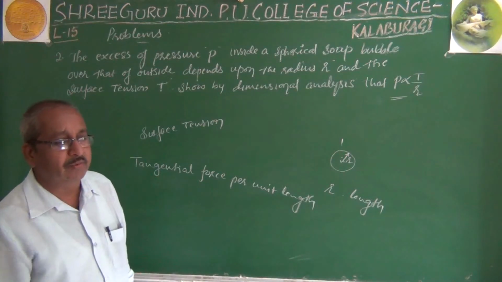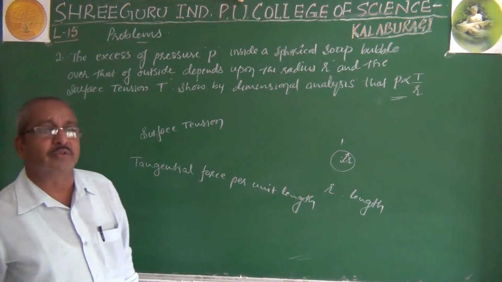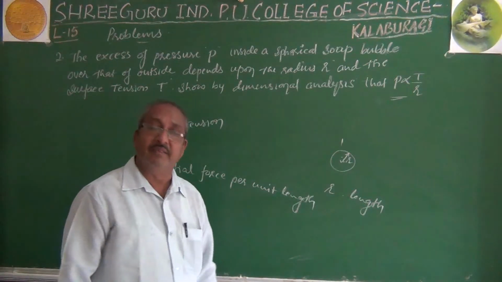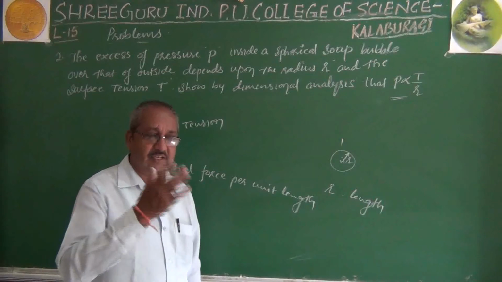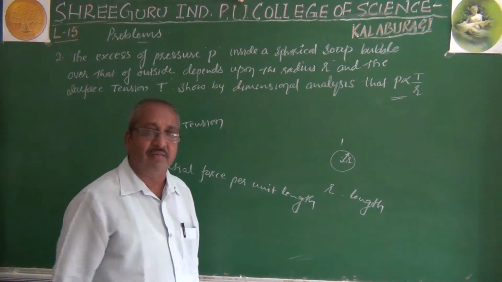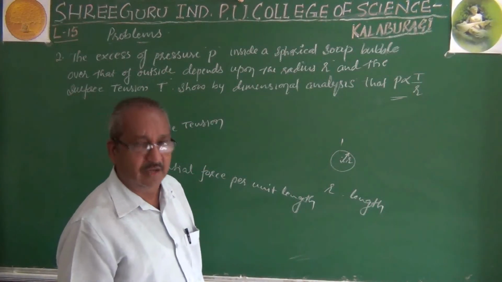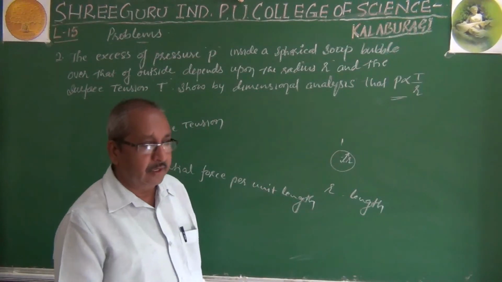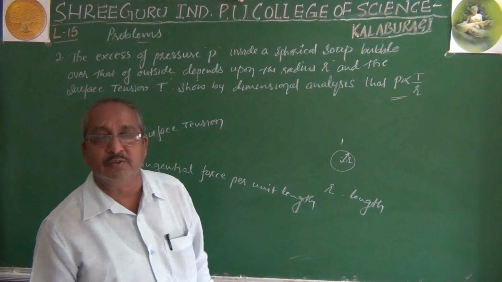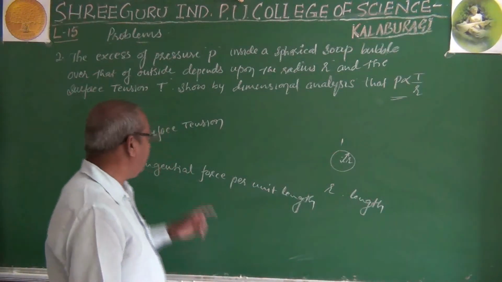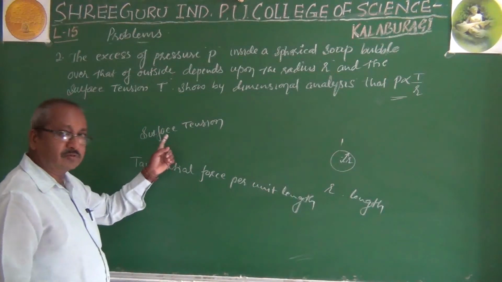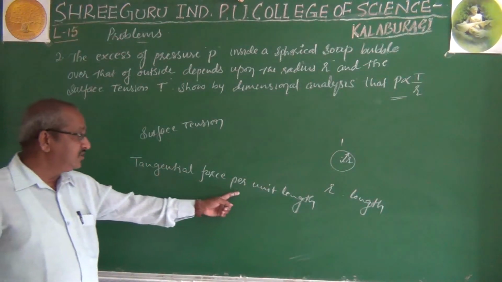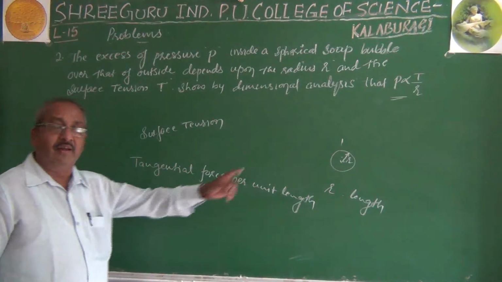Just like when you add water to plants, the water rises in the capillaries. In biology, plants have a tissue called xylem, the water conducting tissue, in which water rises because of one property of water, that is surface tension, which we define as tangential force per unit length.